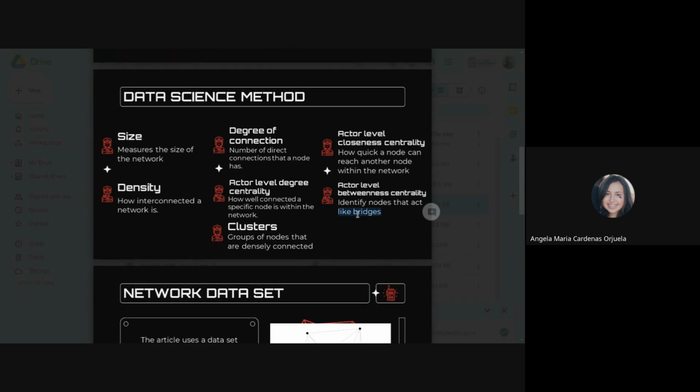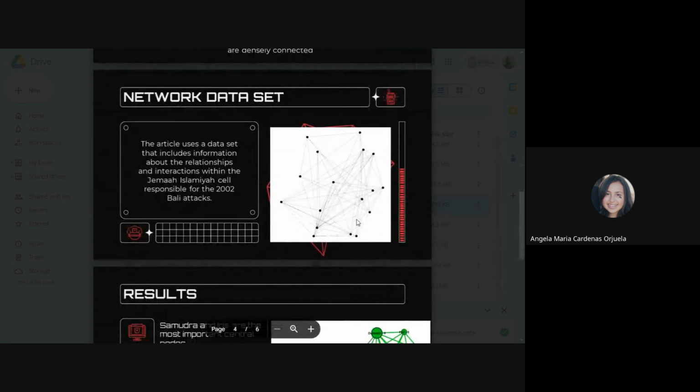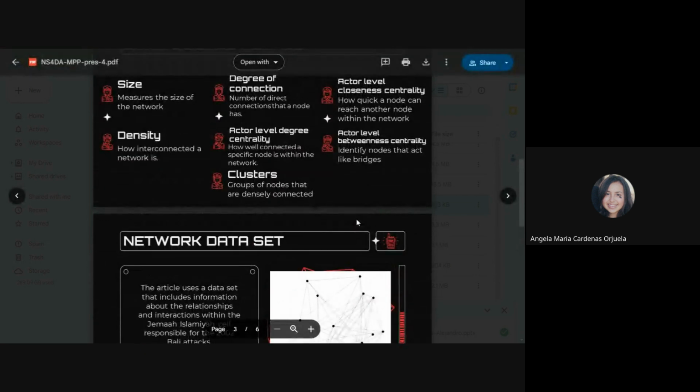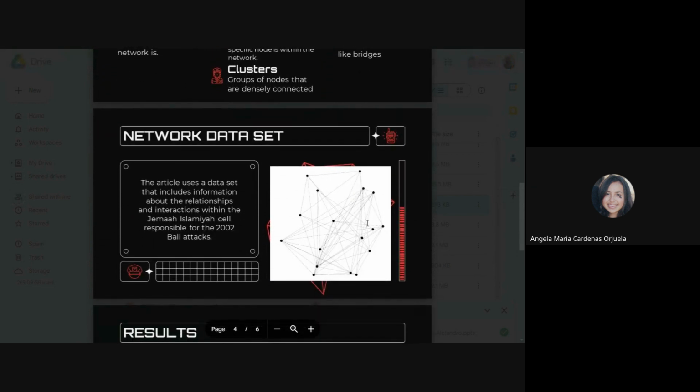Like the last, this measures the individual's ability within a network, specifically the ability to control the flow of information within a network, the communication between the terrorists. And the last is clusters. The clusters are simply areas of the network with a higher density of relations than other areas in the network. So using these criteria on the dataset that we are about to exploit, we conducted the analysis.